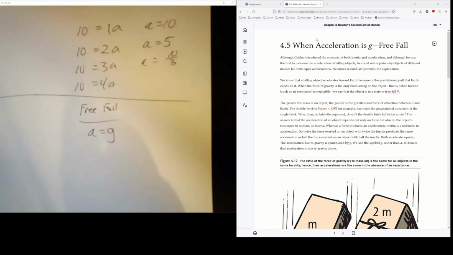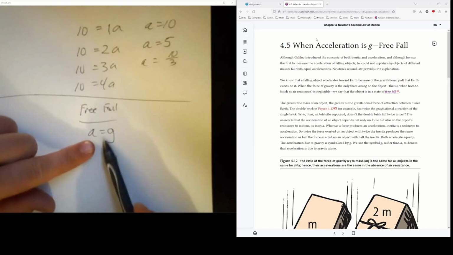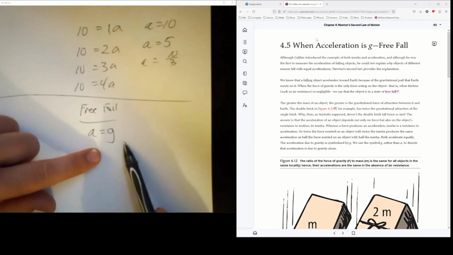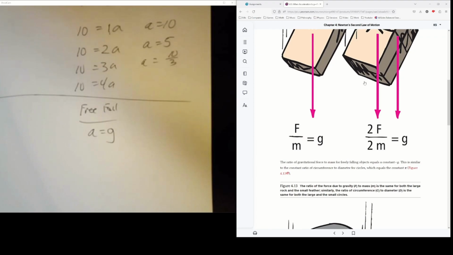Air resistance is not considered free fall because air resistance will slow your acceleration, and your acceleration will no longer be just due to the Earth's gravitational field. So that's what they're starting out with here. When the acceleration is only g, we call that free fall.